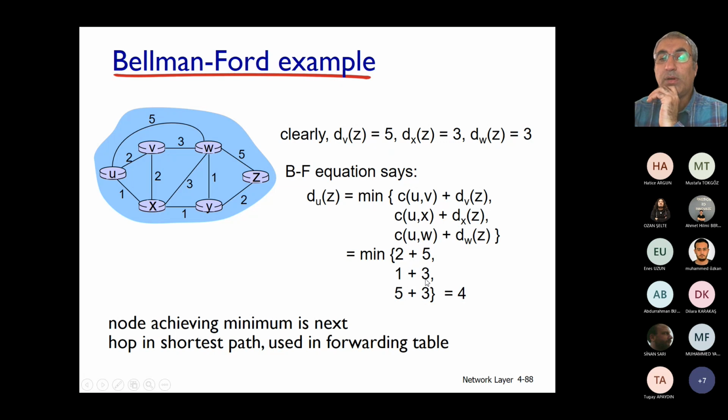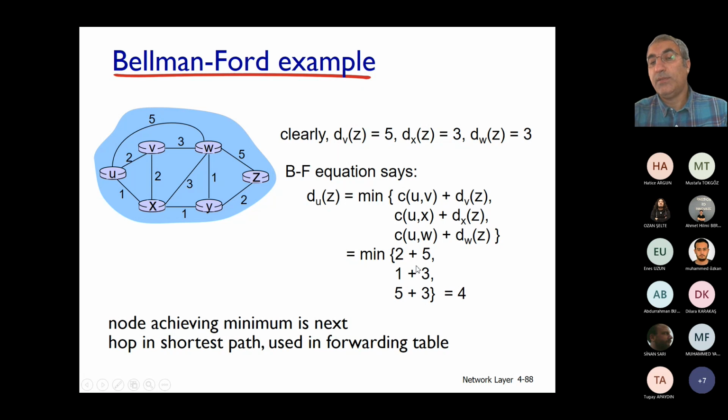So it becomes 4. And the last neighbor of u is w, and c(u,w) is 5 plus the minimum distance vector from w to z, which is 1 plus 2, 3. So 5 plus 3 becomes 8.